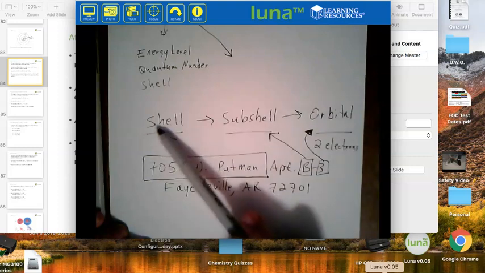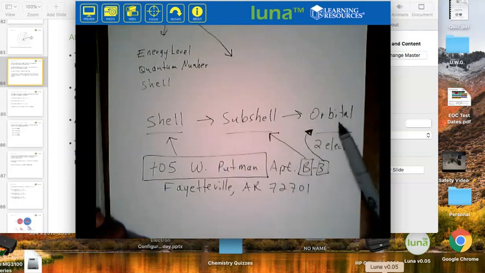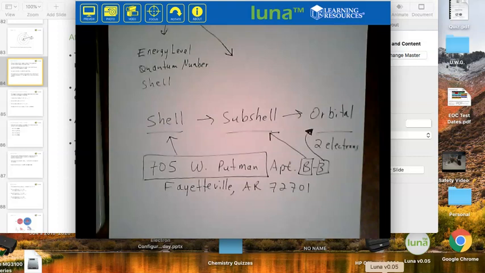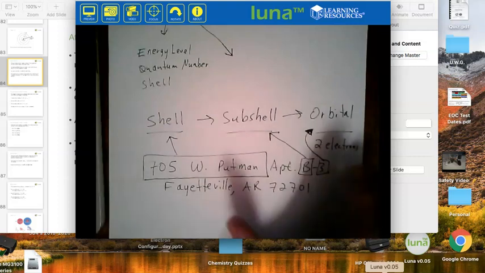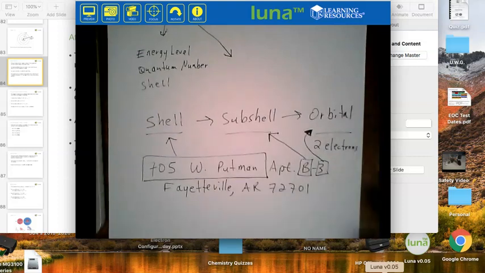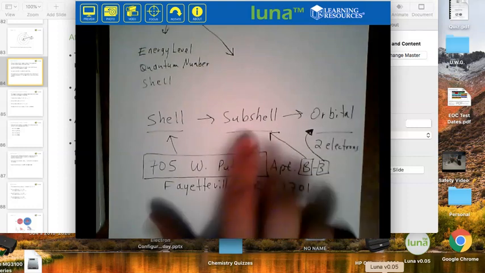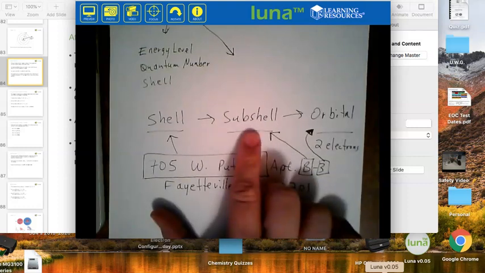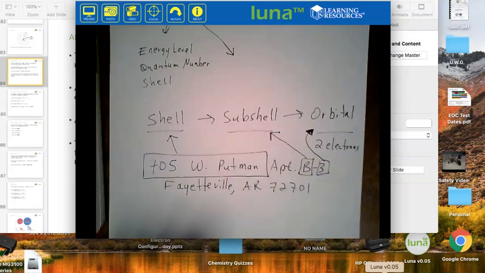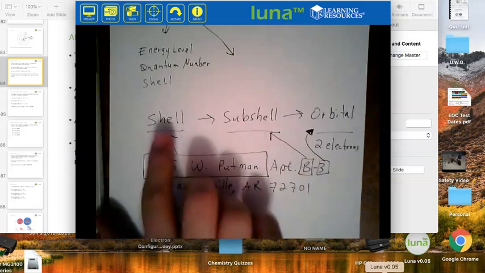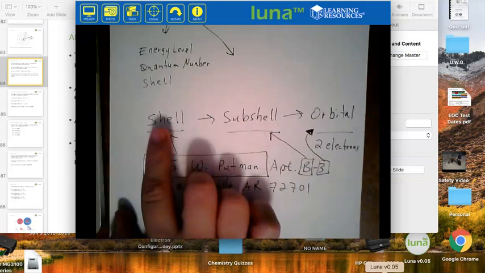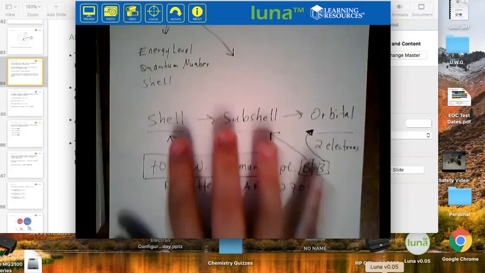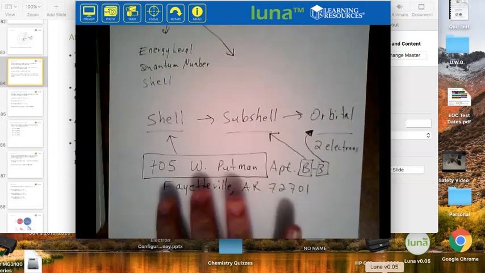So we're going from large to small here. Orbitals can basically have 1 or 2 electrons, a maximum of 2. With subshells, it depends on the subshell type how many you can have. And with shells, it depends on the shell how many you can have as well. We'll talk about the restrictions there.